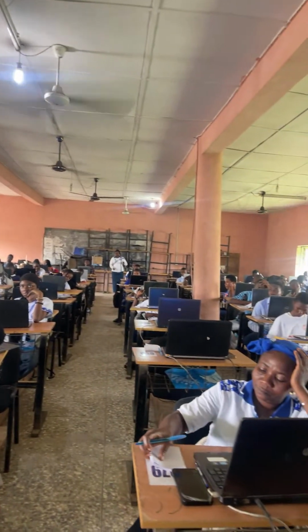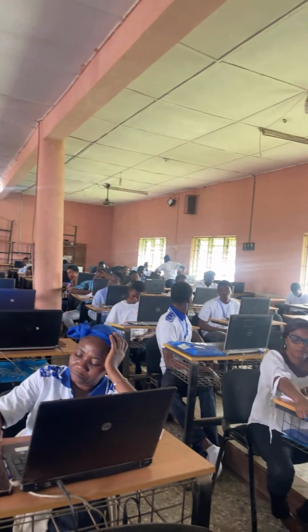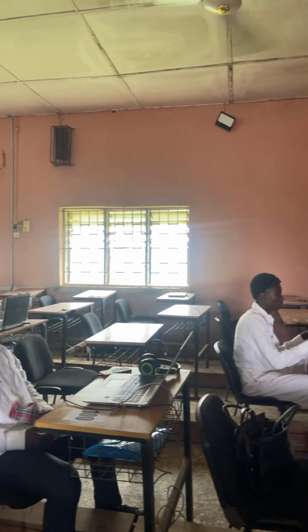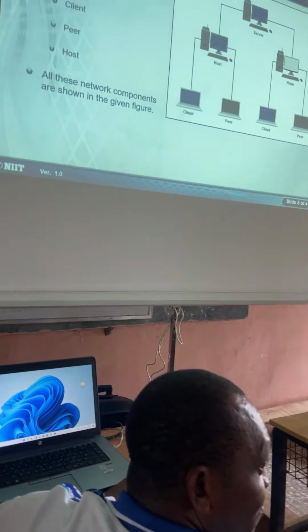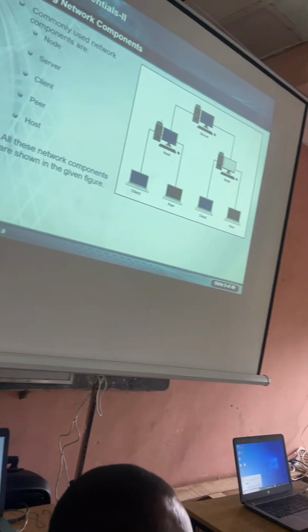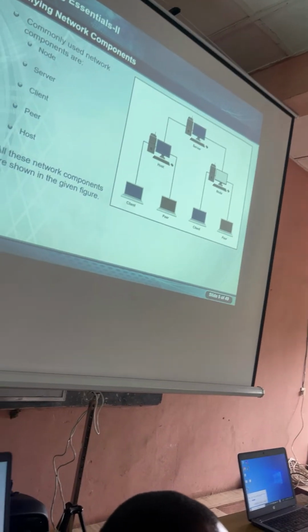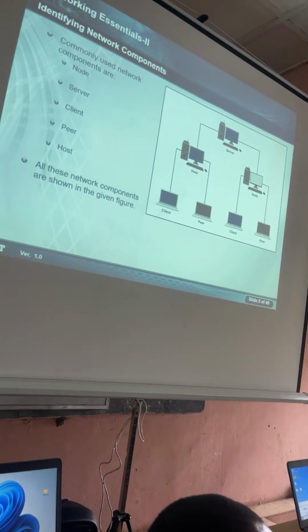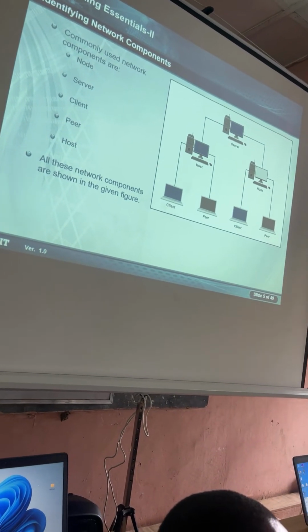Very simple. Now, at least some of us have heard about this second term, which is server. Let me tell you. Let's open the life of the banks. You know, if something happens, the server is what? Down. That's the issue.